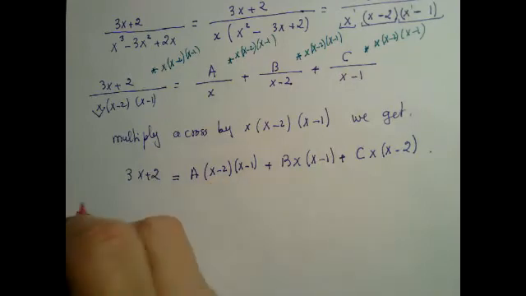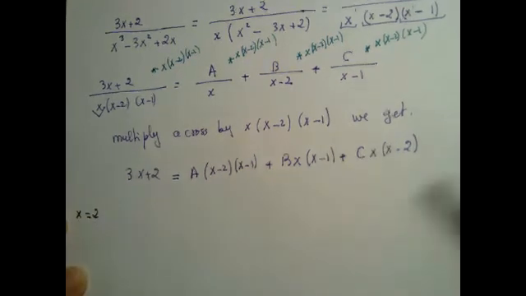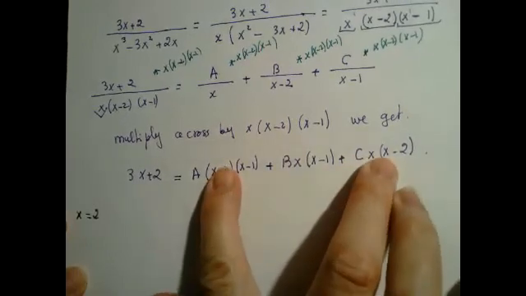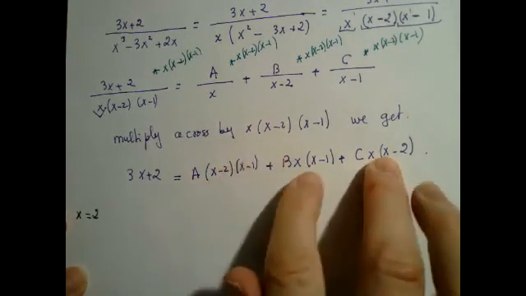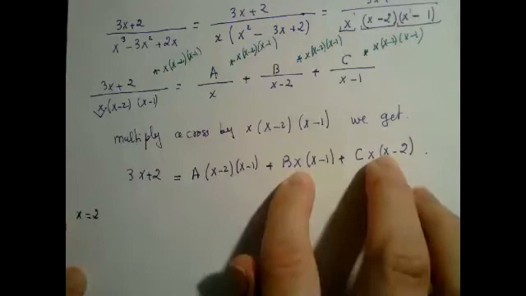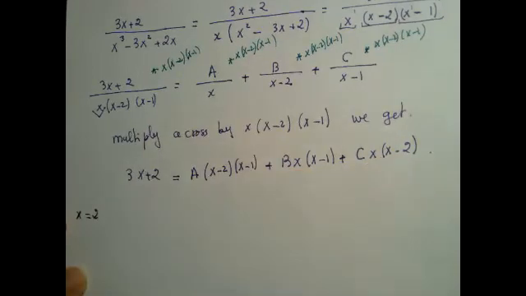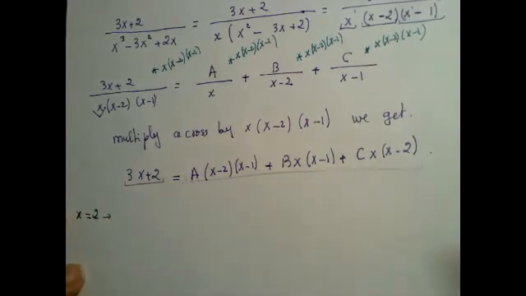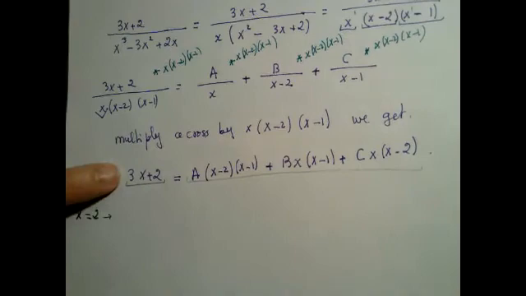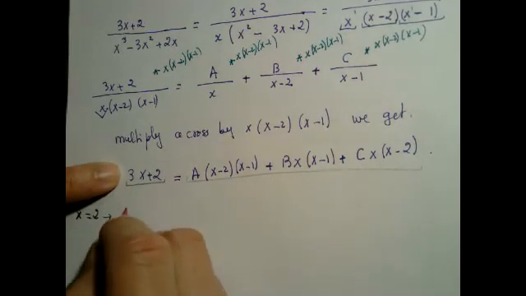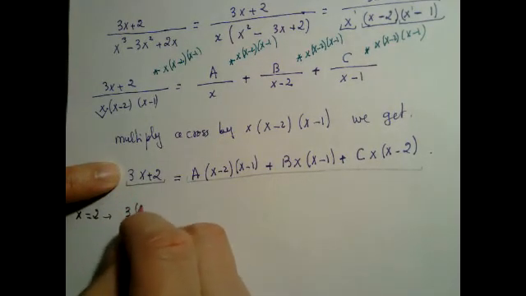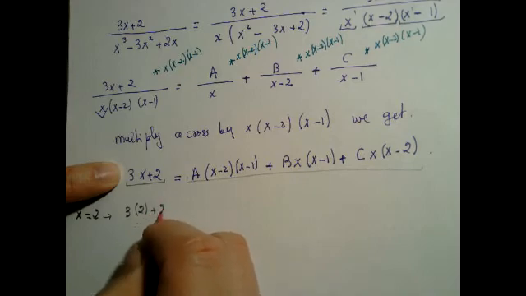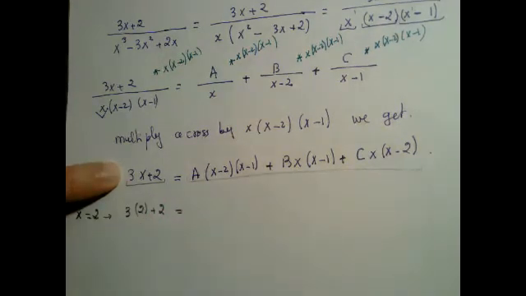And why is that? Because if I put x equal to 2, this will make those two expressions zeros. I will pull out the b. That's really how it works. So x equal to 2, but be careful, we're going to put 2 in both expressions, here and here, not in one without the other. So I'm going to put my 2 in here. I will get 3 times 2 plus 2, so I have to put 2 across the board.